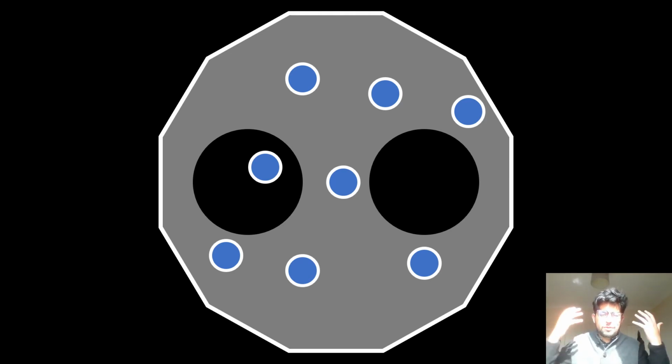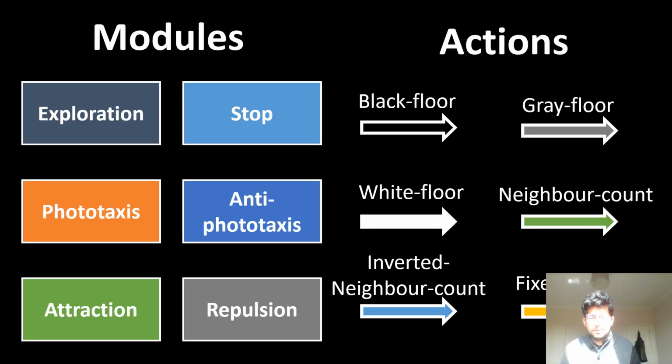So the question is, if we have to use a finite state machine, how do we make this? Well, we start dividing our task into behaviors and actions. For example, we are going to need an exploration behavior where the robot just wanders around searching for one of these black spots.